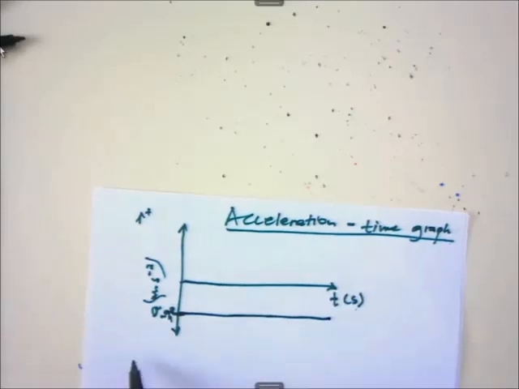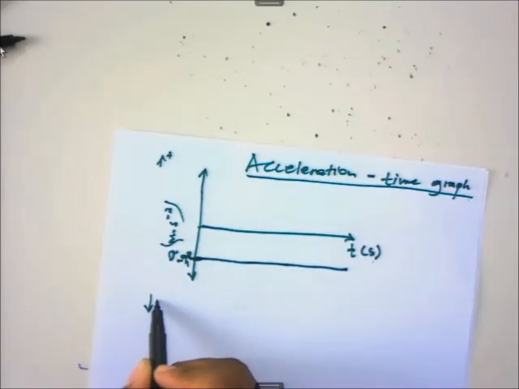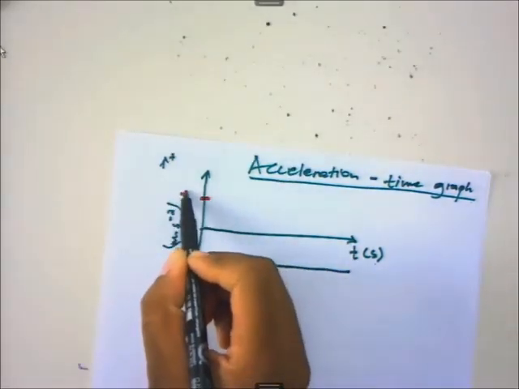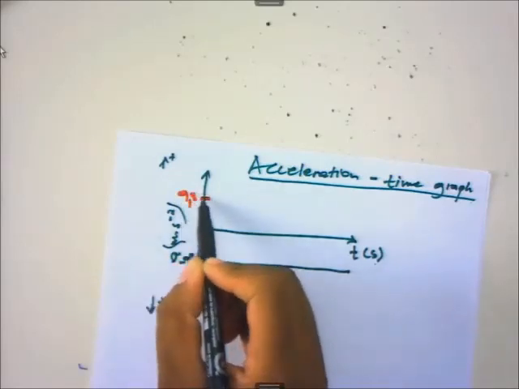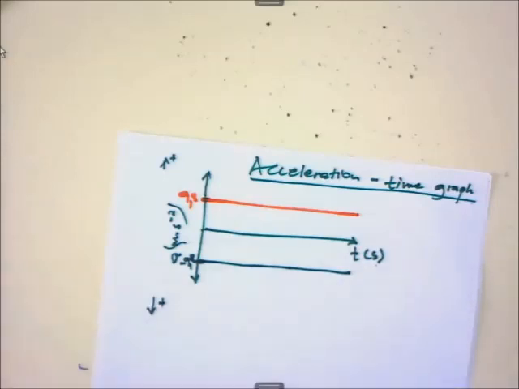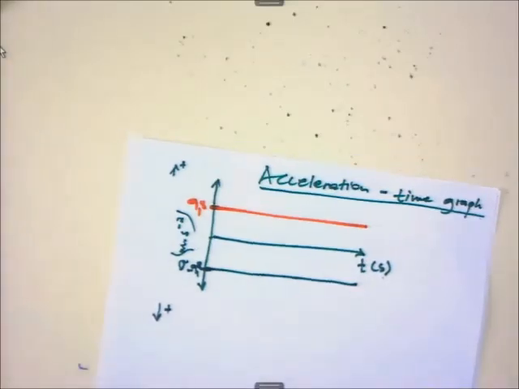But if your direction was positive downward, then your acceleration will be positive. So it will be 9.8 positive, and then you just draw that line there. Then that's how you draw your acceleration time graph.